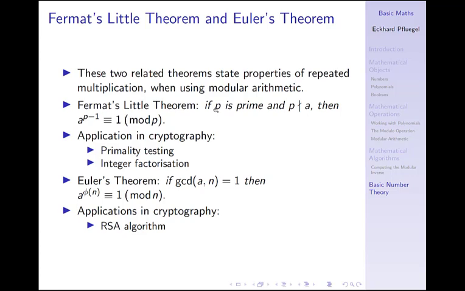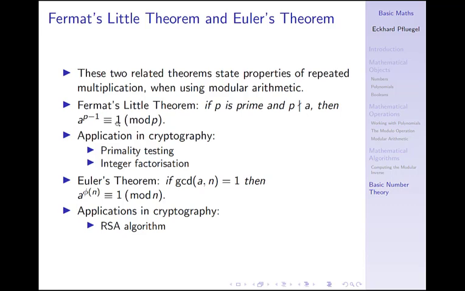In this case, which is the generic case, if you take a and multiply it with itself p minus 1 times, so a to the power p minus 1, and take that result modulo p, then you actually get 1, which is a surprising output, isn't it?